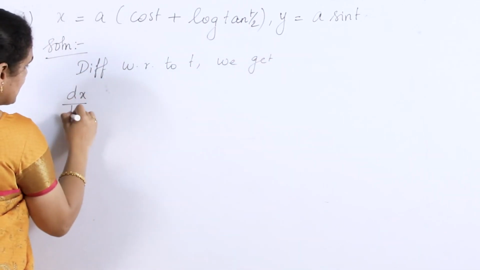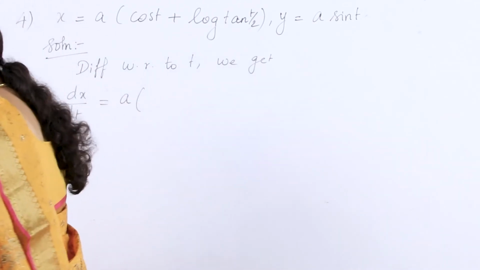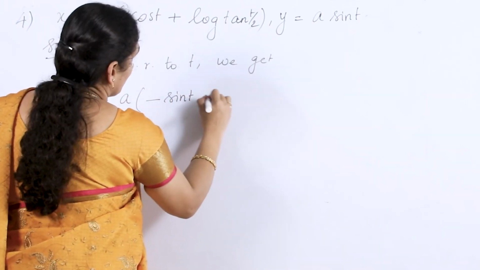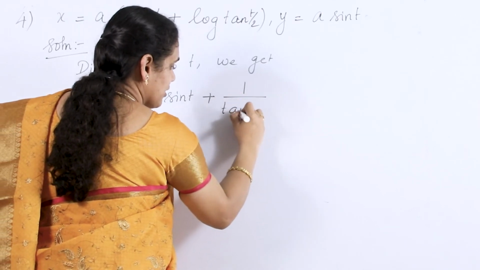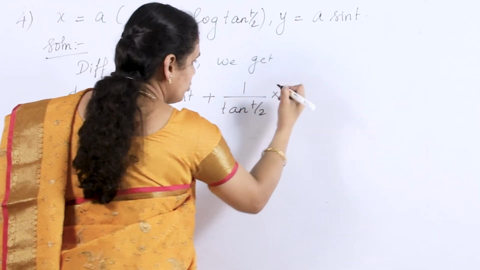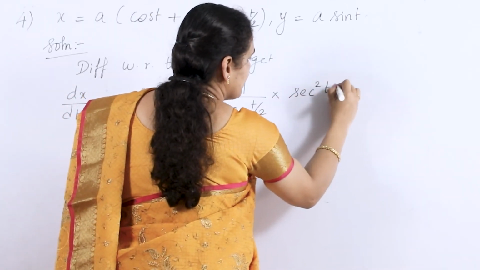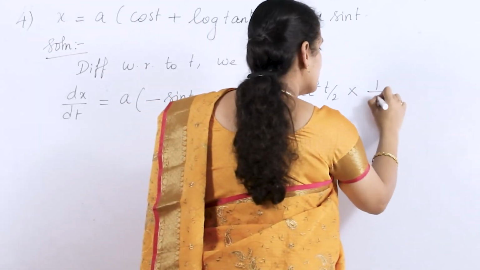dx by dt is a times differentiation of cos, which is minus sin t, plus log tan t is 1 by tan t by 2 into differentiation of tan, which is secant square t by 2, into differentiation of t by 2, which is 1 by 2. Here we are doing the chain rule.